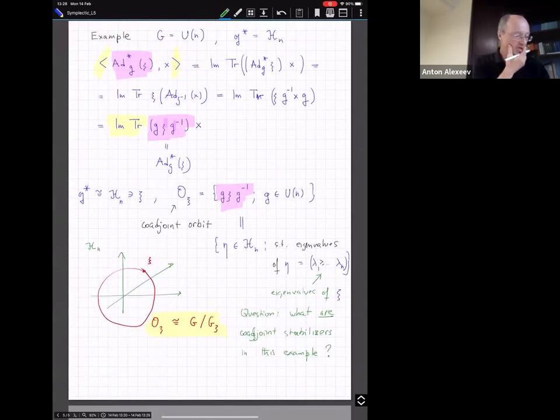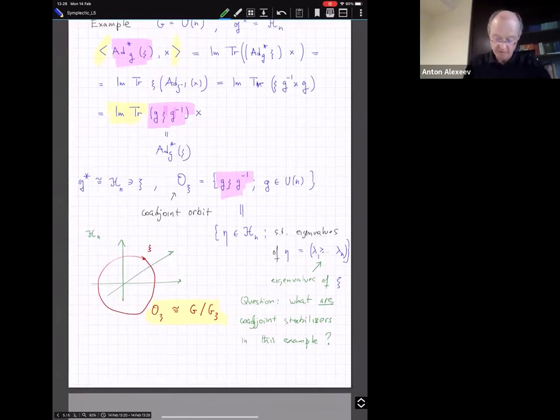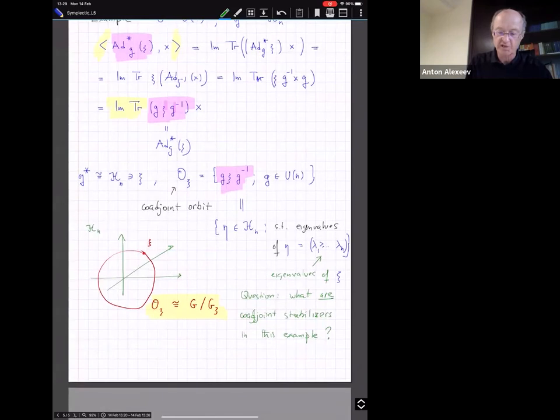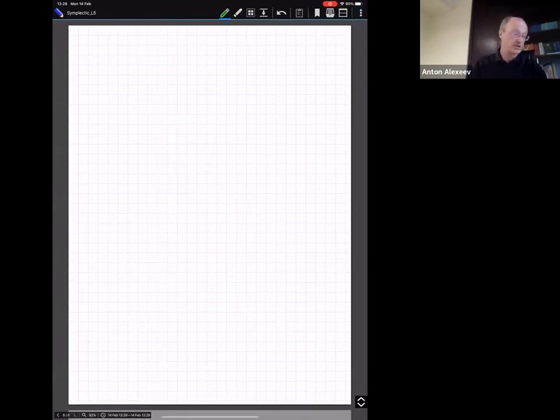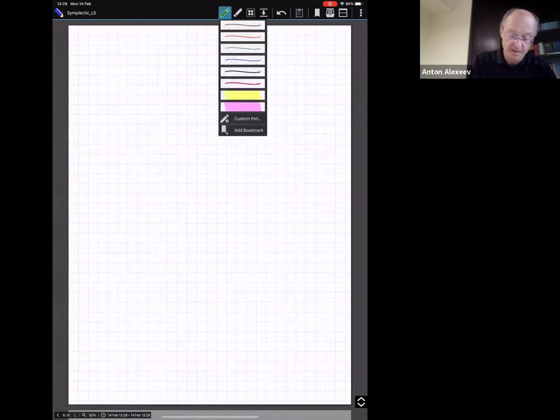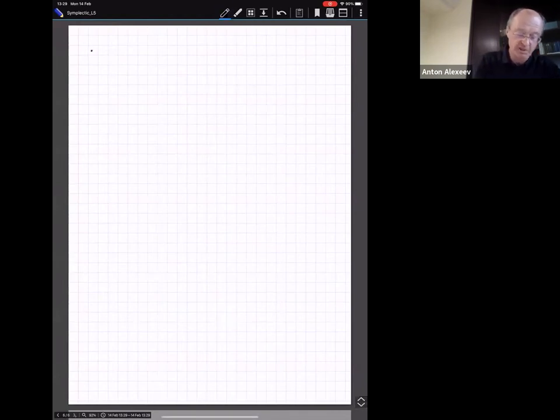So I spoke quite a lot about linear actions. Let me, for a short while, dive a little bit into the theory of general actions. And here there is a topic that I want to touch upon. It's called fundamental vector fields.